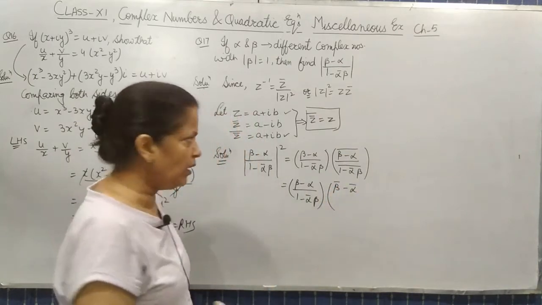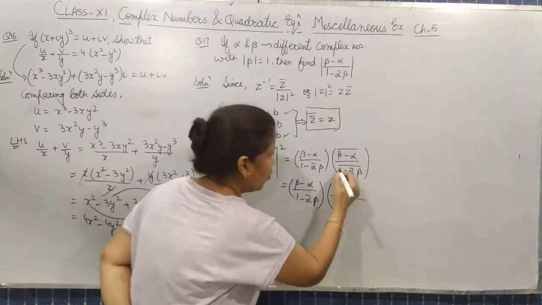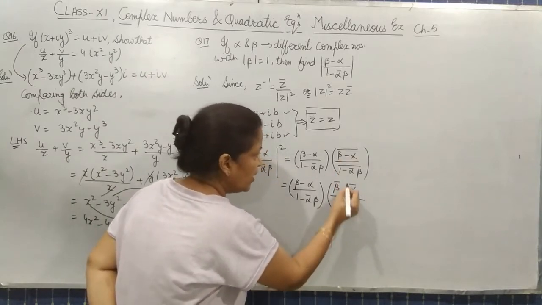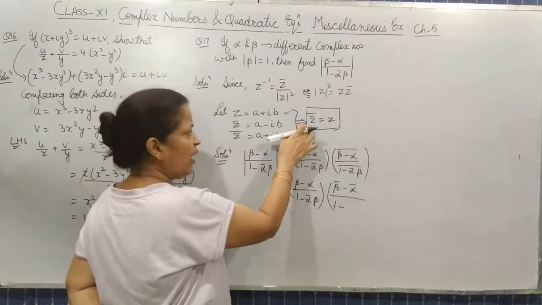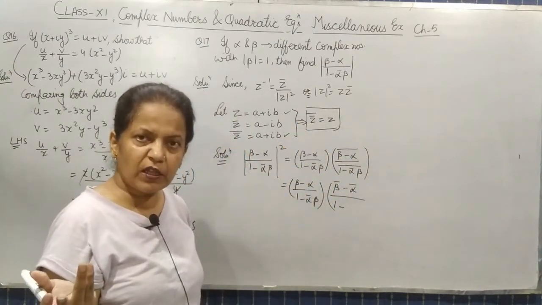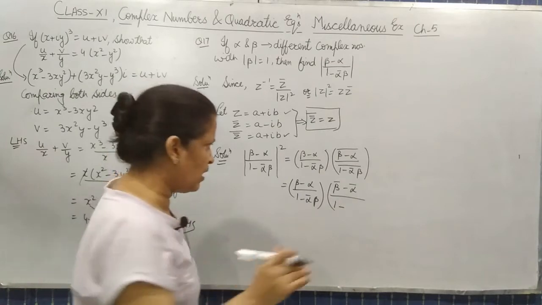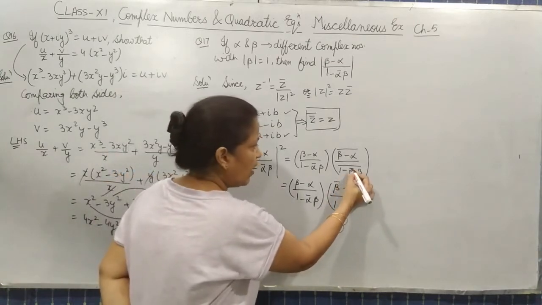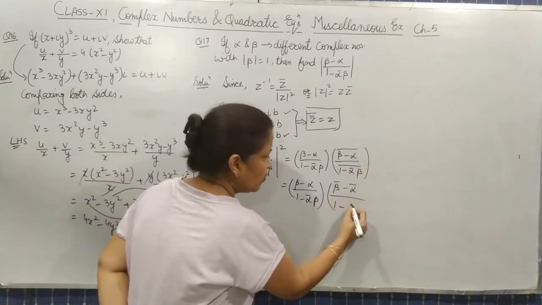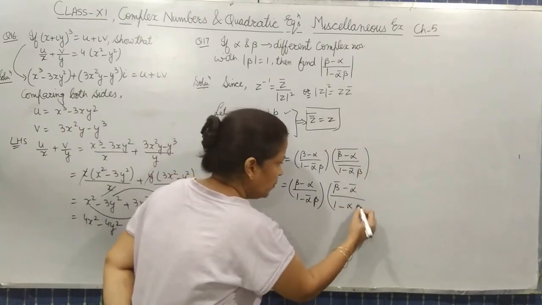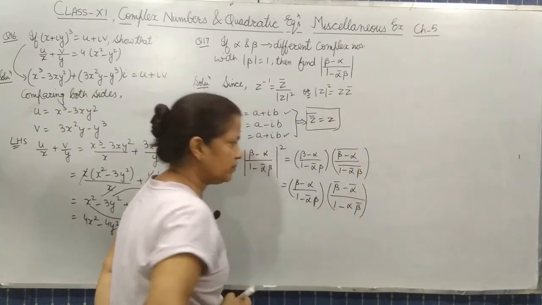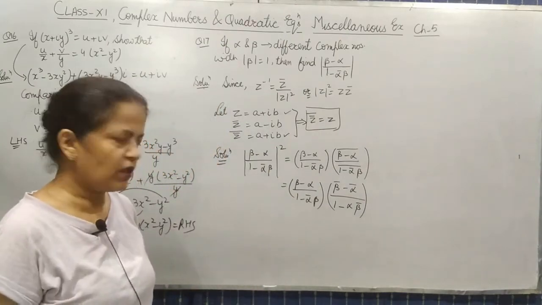It's a property: the bar of 1 minus z is 1 minus z bar, and a double bar of a complex number is the same. So alpha double bar becomes alpha only, and beta gets a bar over it. You can write it like this.